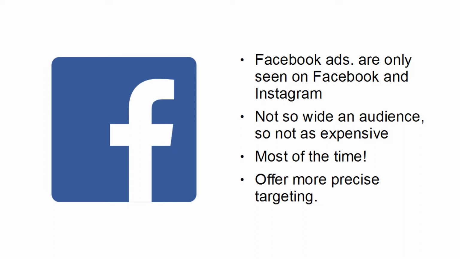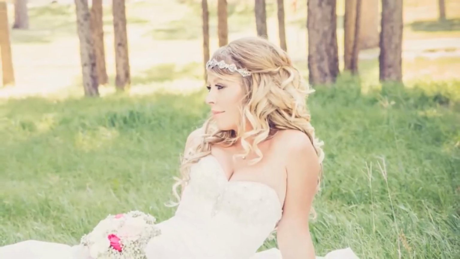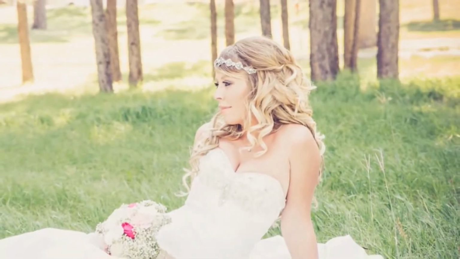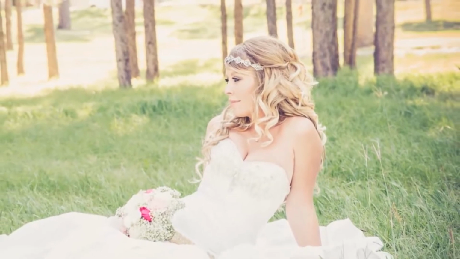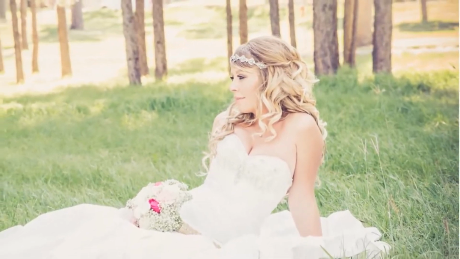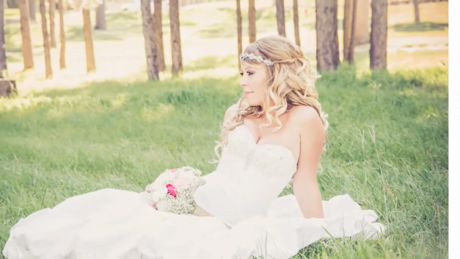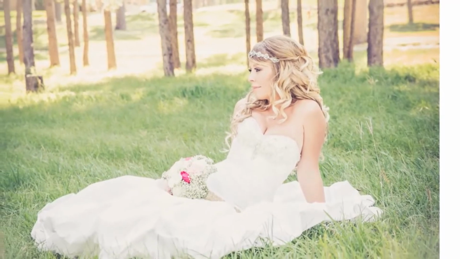Now, let me give you an example of how this works. Let's say you have a store selling wedding dresses. You can set it up so that only women who list their status as being engaged and live within a certain distance of your bricks and mortar store are going to see that ad. Nobody else will.